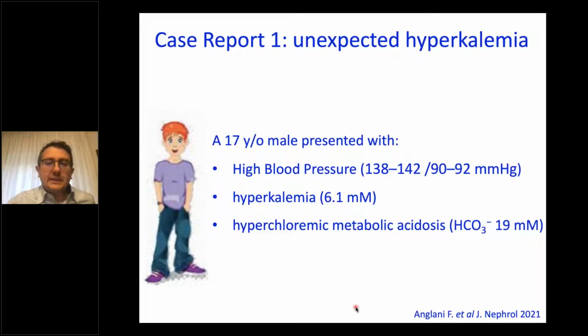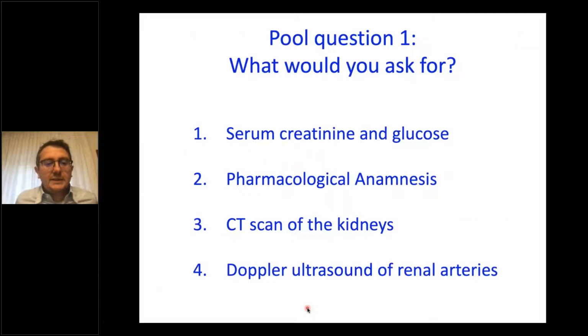Let's start with a clinical case. Here we have a case that has been reported recently of unexpected hyperkalemia in a 17-year-old male that presents also high blood pressure, hyperkalemia, and a slight metabolic acidosis. I have some questions for you here in order to check that you are still alive.